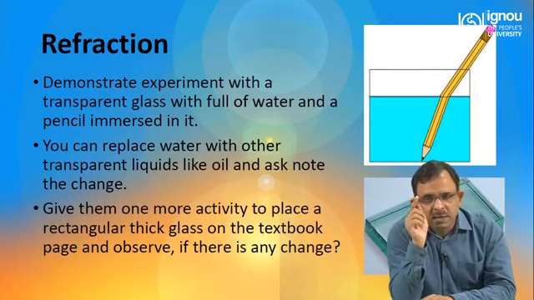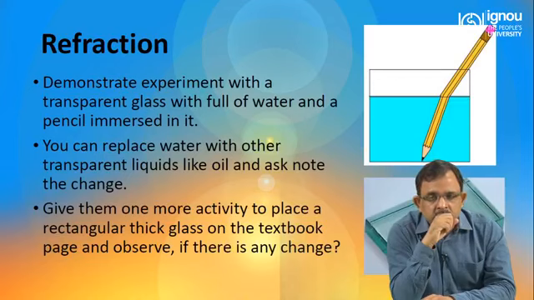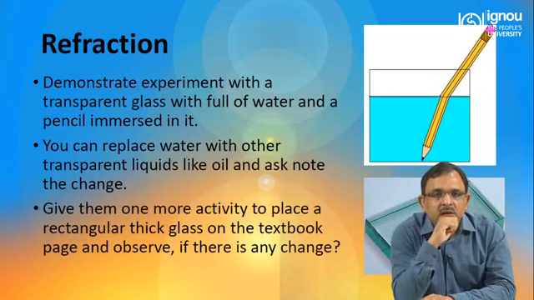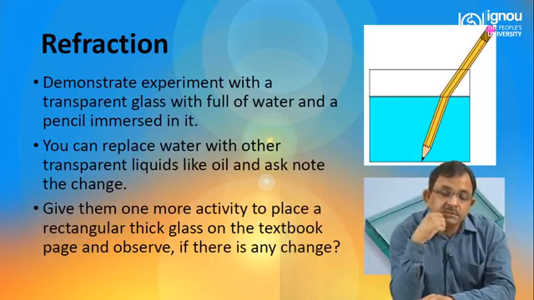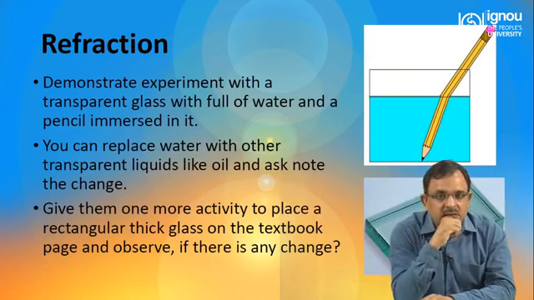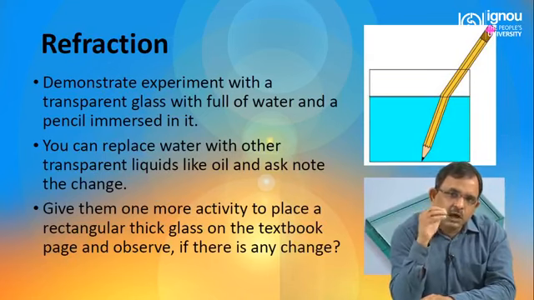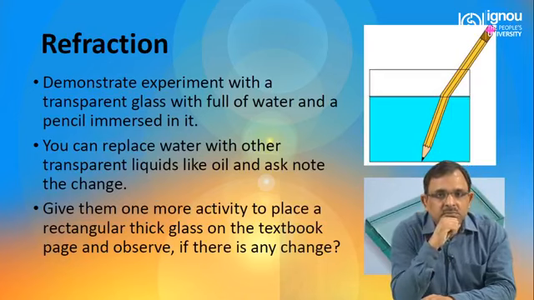They will tell you that the pencil is not straight, it is looking somewhat tilted. Give them pencils of different shapes and sizes. Let them try whether the observation is the same or not.